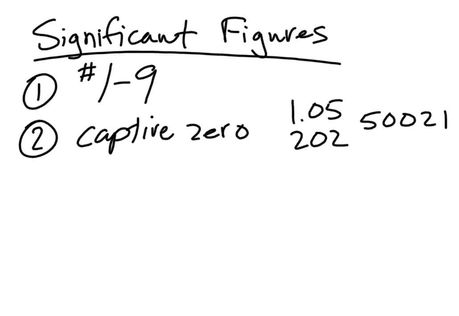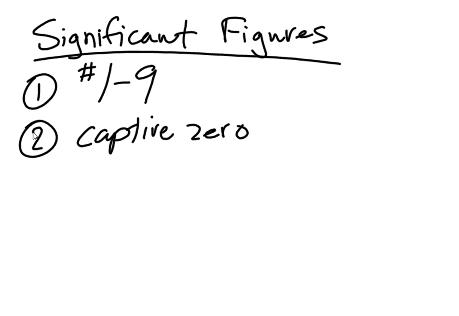Because this zero is between 2 non-zero integers, it's significant. Because this zero right here is between 2 non-zero integers, it is also significant. Here I have 2 captive zeros, because they have one non-zero integer here and one non-zero integer there. So that is a captive zero. Captive zeros are always significant, always.